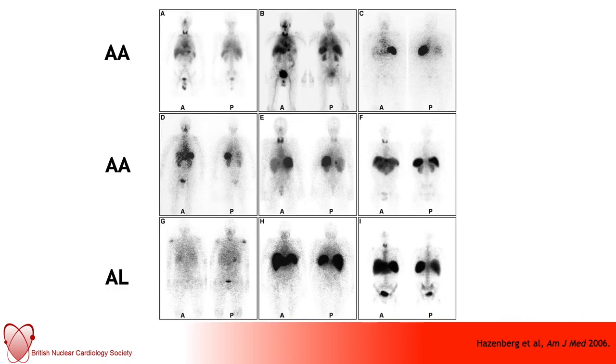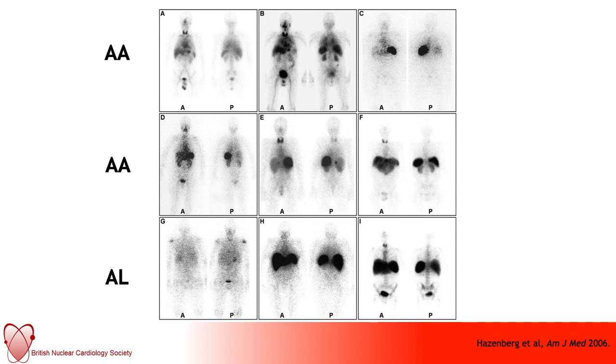So this is just making that point that I made earlier, that there is quite a range of organ involvement. You can see in SAP scintigraphy quite a lot of overlap depending on the type of amyloid you are looking at. And so it's not particularly helpful in differentiating the types. The top left-hand corner is a sort of control case.